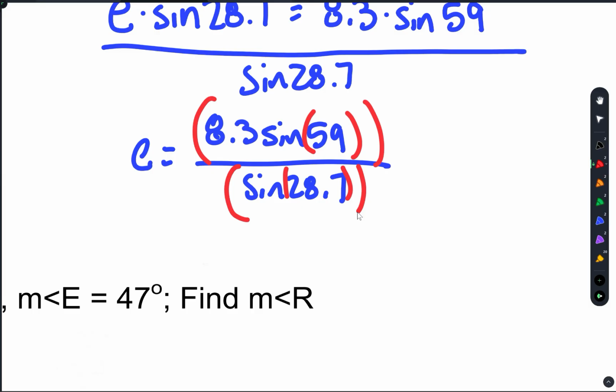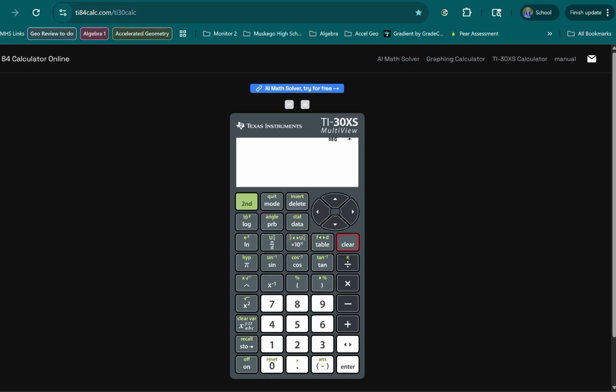Okay, so let's take a look at putting this into my calculator. Let me go over here. I have, what did I say? Parenthesis, 8.3, sine, look how that opens up a parenthesis, so sine 59.